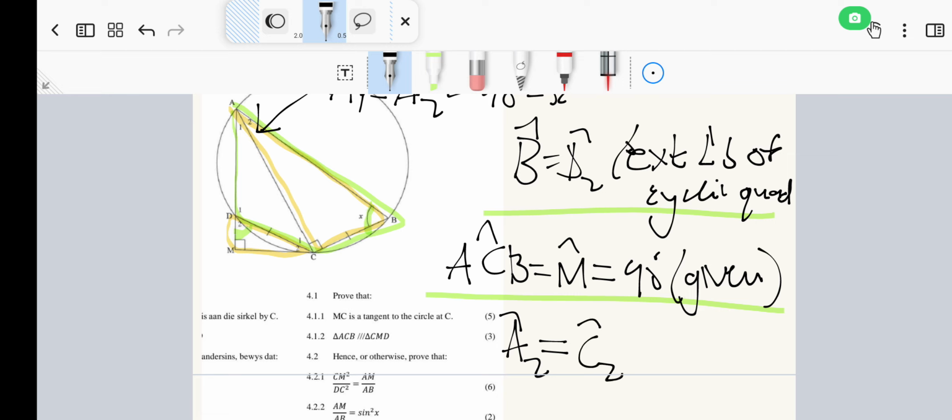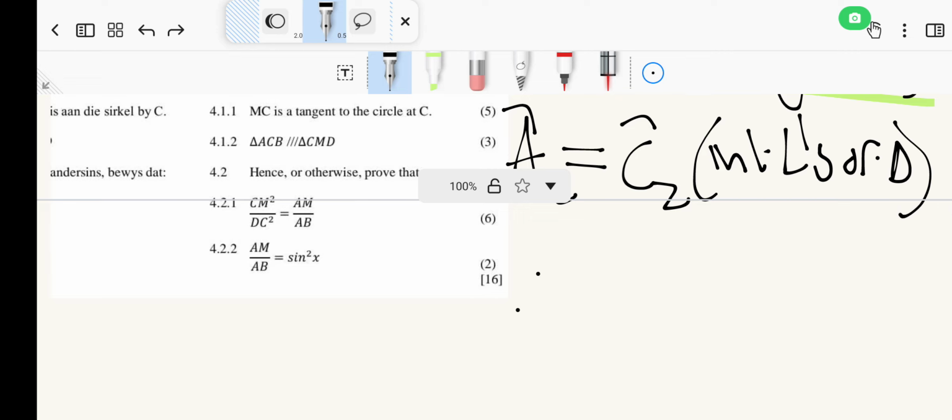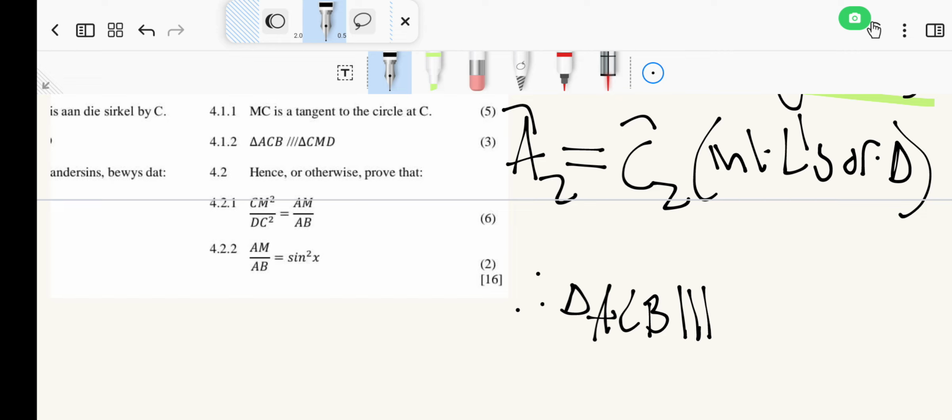So A2 has to equal C2, and the reason for that is interior angles of your triangle. So now you can say therefore, triangle ACB is similar to triangle CMD.